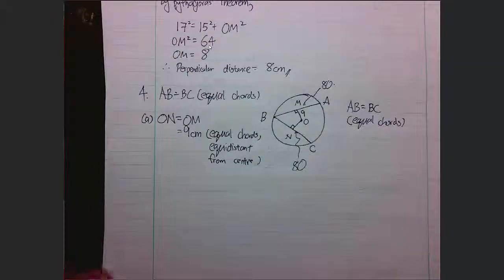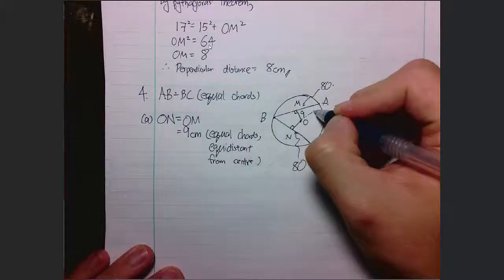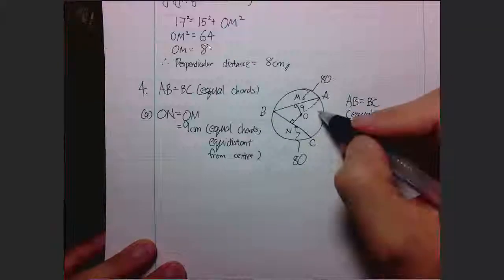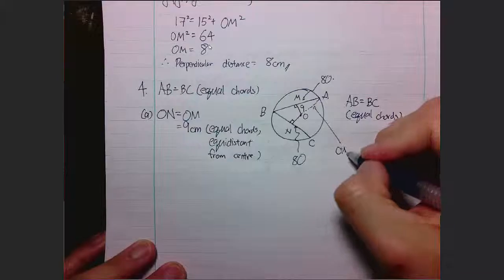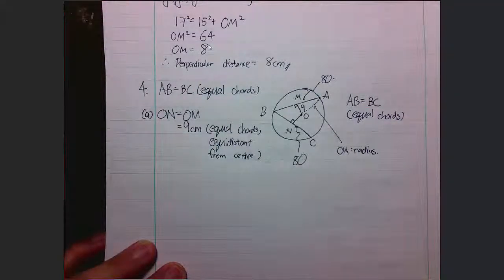Now 4b, they want us to find the radius of the circle. Same thing again, I just connect this portion here. OA is the radius down there. So this OA is the radius. What we can do here now is this.